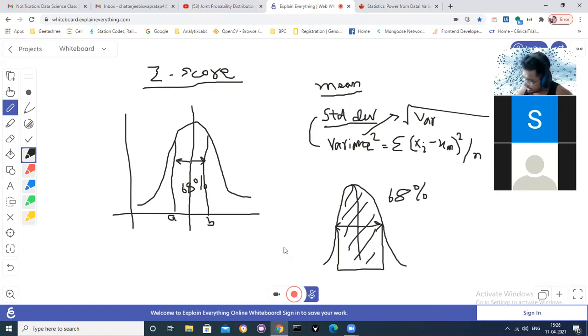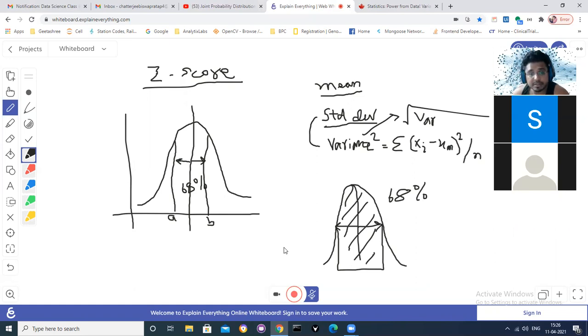Okay, so 68%. So what is called a normal distribution? A normal distribution is a distribution where the mean is at 0 and the standard deviation is 1, and between the first standard deviation we have 68% of the data.